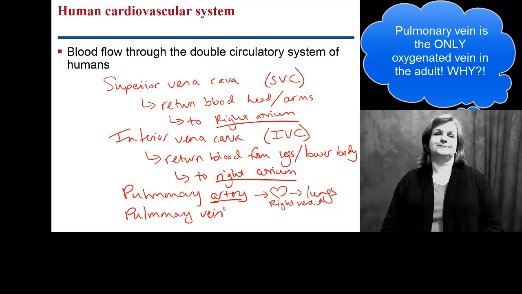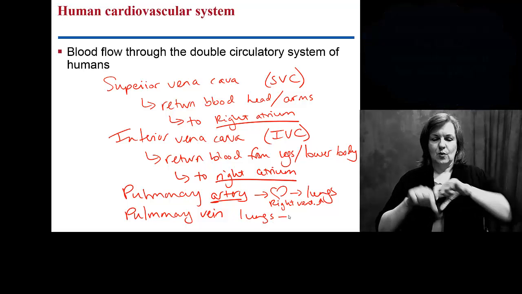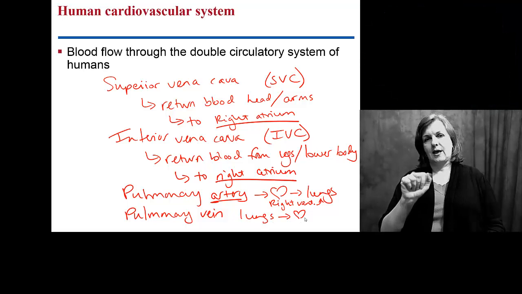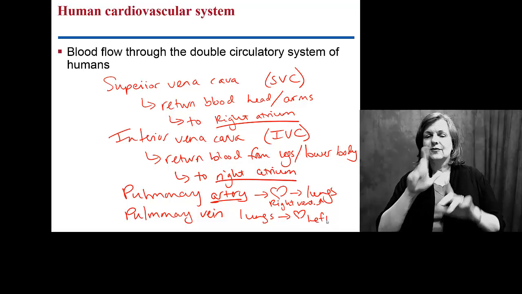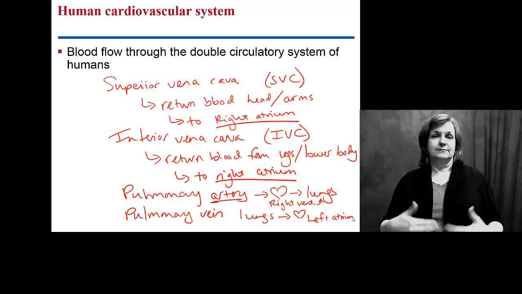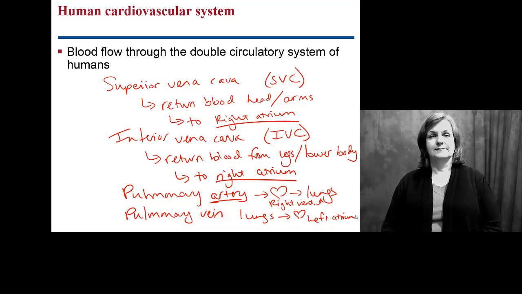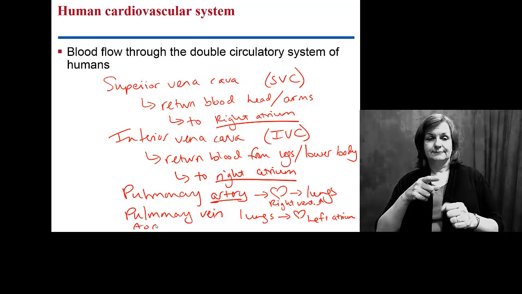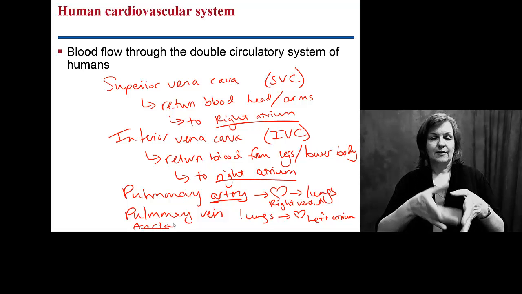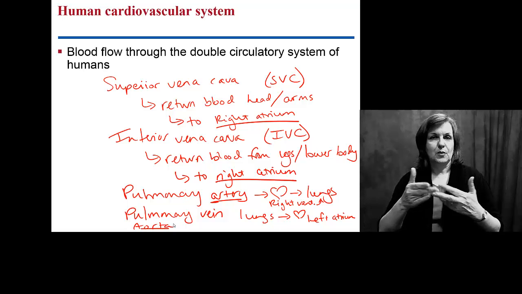Vein is back to the heart. So this is lungs to the heart, and in particular to the left atrium of the heart. From there, we go to the left ventricle and then out to the rest of the body. It's going to leave the heart through something known as the aorta. This is the largest blood vessel in your body.